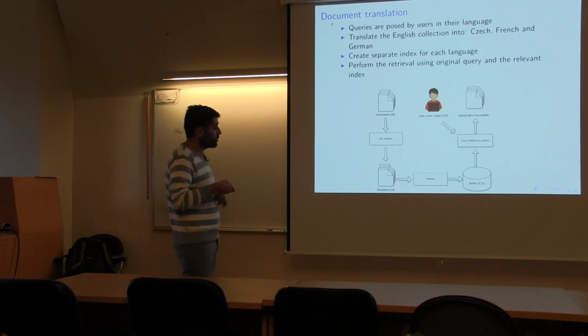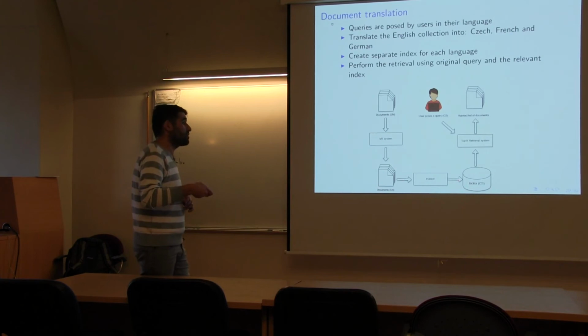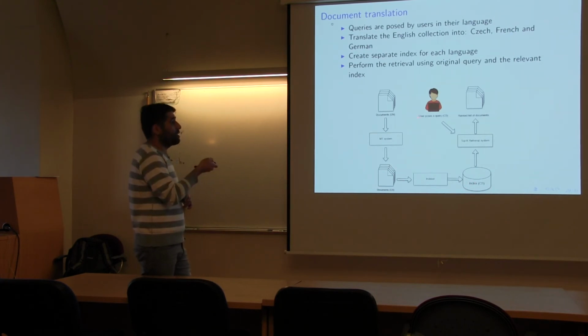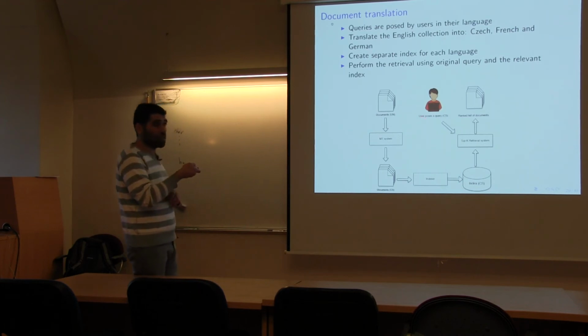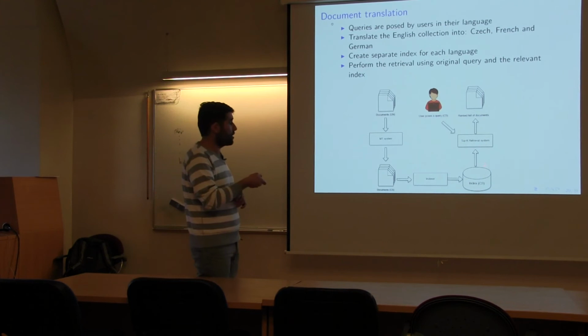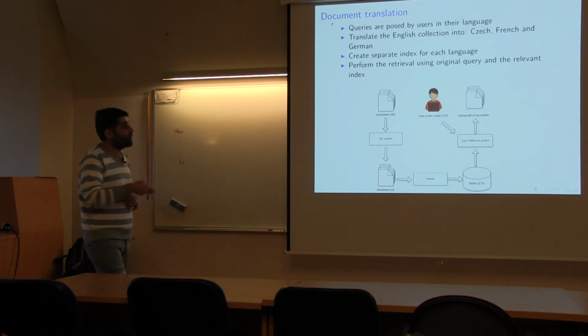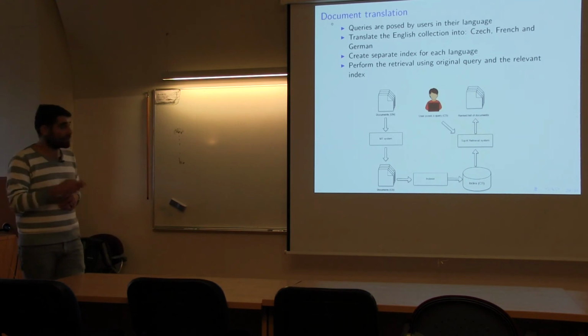We translated them into Czech, and after translation, we created an index for these Czech documents. So we have a Czech index, and we use the Czech queries to do retrieval from the Czech index, and then we got a ranked list of Czech documents.